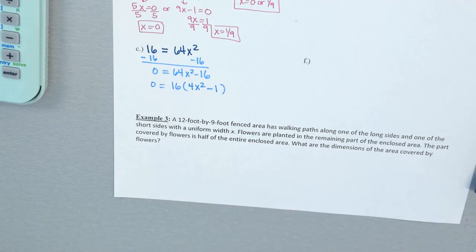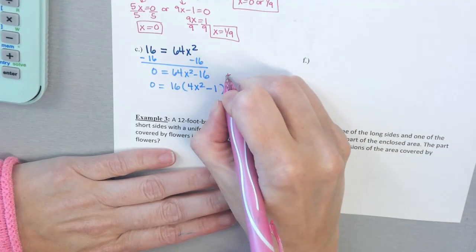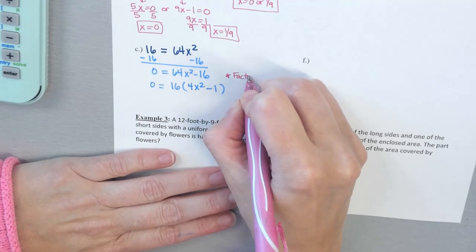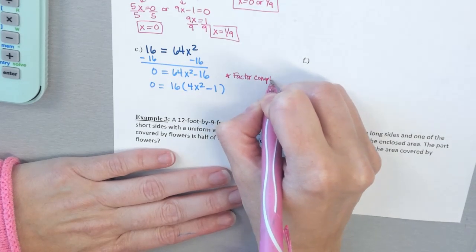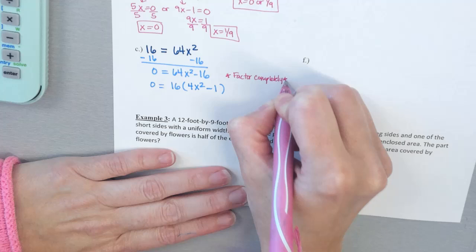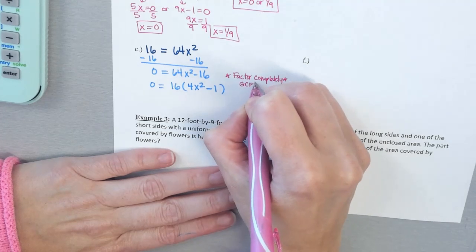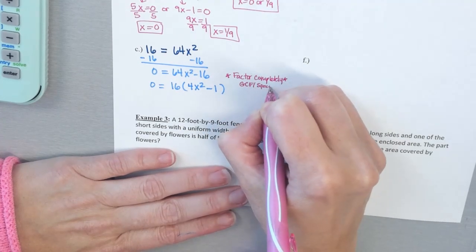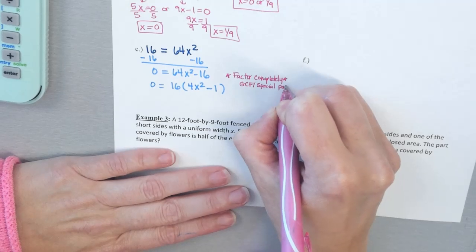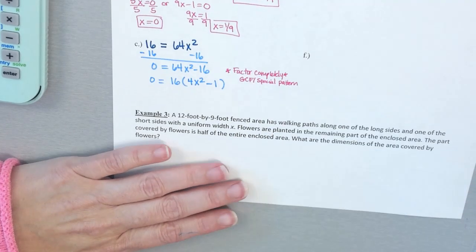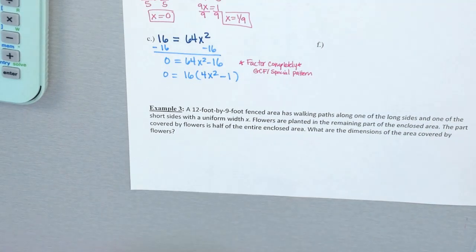And then again, you have to keep factoring. So this is where you have to make sure that you factor completely. Make sure if there's a GCF or there's a special pattern. Those are usually the two cases where you have to make sure that you factor completely.